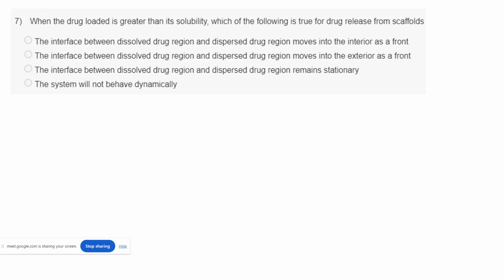Here is the next question. When the drug load rate is greater than its solubility, which of the following is true for drug release from scaffolds? First option, okay.